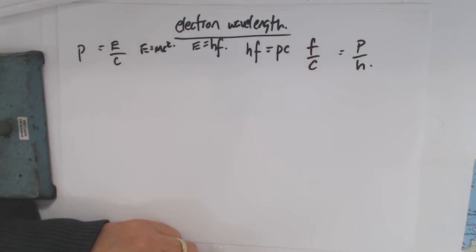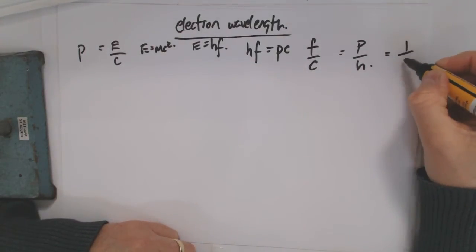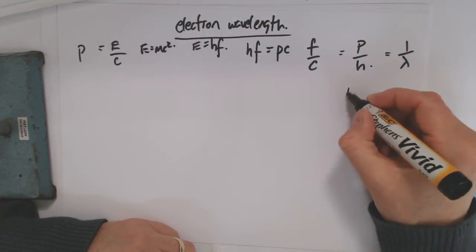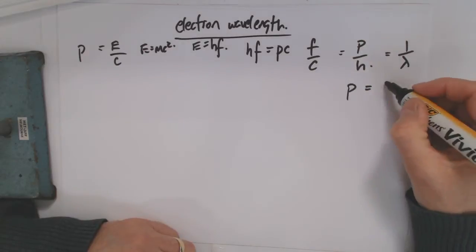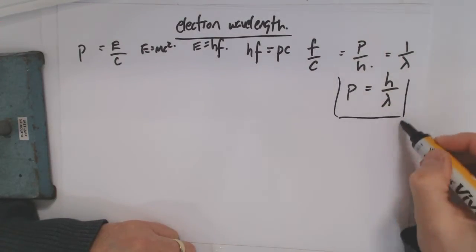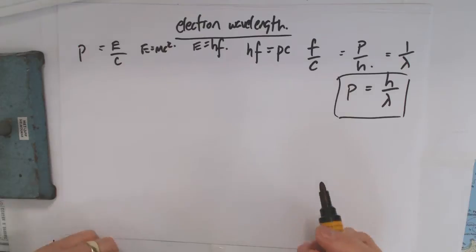But f over c is equal to 1 over wavelength, right? It's equal to 1 over wavelength. So we can basically then say that P is equal to h over wavelength. We'll relate it in terms of p. P is equal to h over wavelength, right? So interesting thing. What we basically said there is that momentum times the wavelength is equal to Planck's constant.